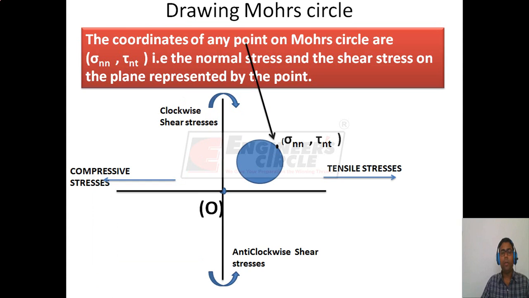Now, the coordinates of any point on Mohr's circle are sigma nn and tau nt, because the x-axis represents the normal stresses and the y-axis represents the shear stresses. Since each point represents a plane, the x-coordinate will give you the normal stress on that plane, and the y-coordinate will give you the shear stress on that plane.